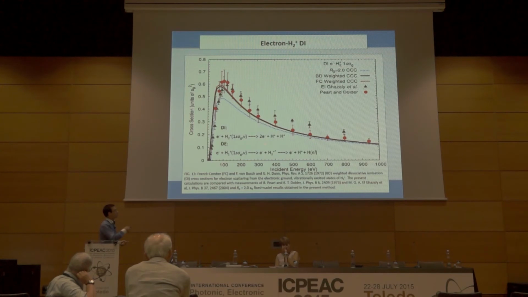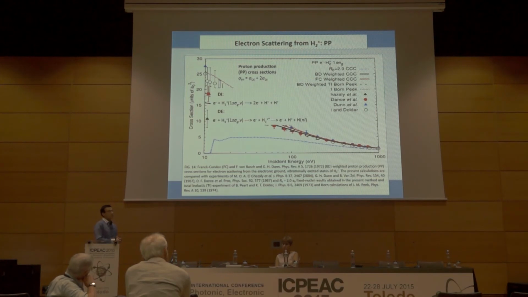So they probably had some mixing of signals from the dissociative excitation process. I've got to admit that these experiments are quite hard to do, by the way, so that's probably where the error arises from. Whilst the measurements of Peart and Dolder measured protons arriving at detectors in coincidence, which is what you'd expect from a Coulomb explosion. So we're quite confident in those results.